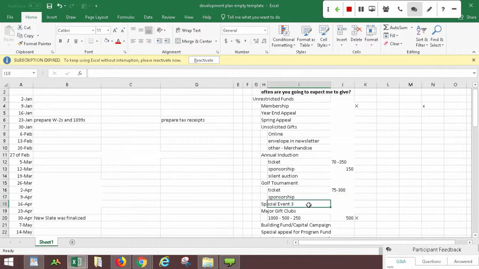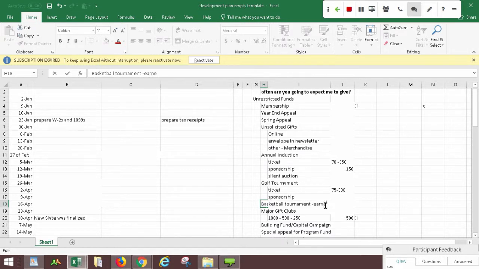Then we had a third special event in the year, which was a holiday tournament, a basketball tournament of high school teams played between Christmas and New Year's. That's not really a charitable contribution. It's more earned income.